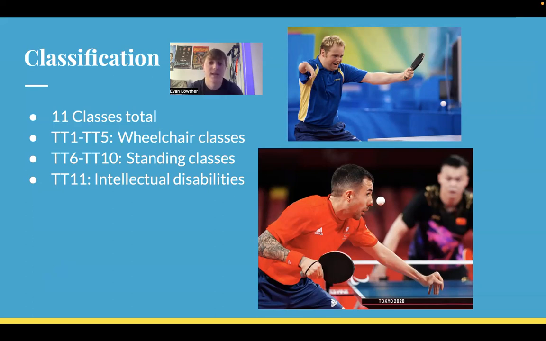TT6 through TT10 are all standing classes. These athletes may be amputees or have little movement in their upper body or some upper body disability. And the final class, TT11, is for intellectual disability. These athletes would have Down syndrome or autism or any type of intellectual disability.